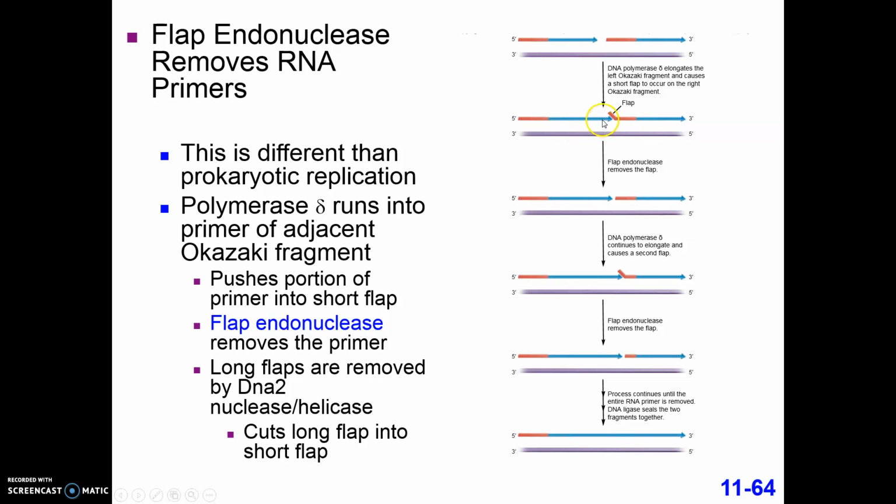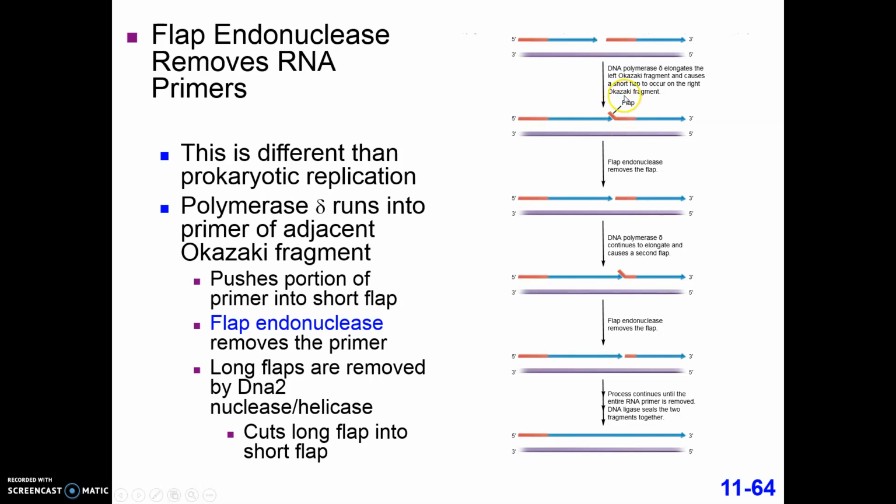So the general concept here is instead of the polymerase itself having the endonuclease activity, what the polymerase actually does is start peeling up the RNA primer and just laying the DNA underneath it.